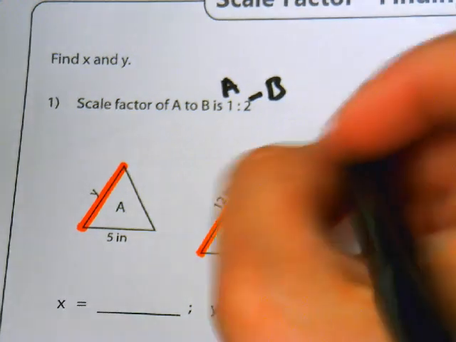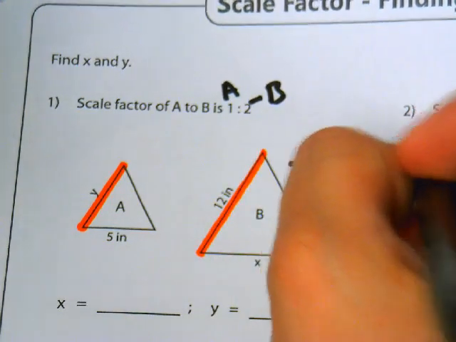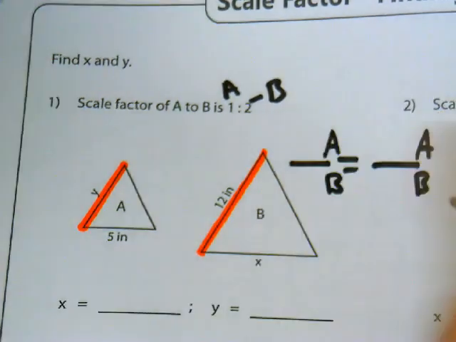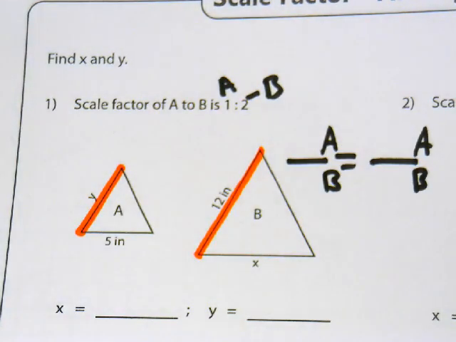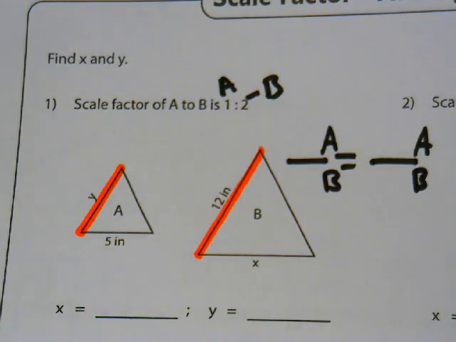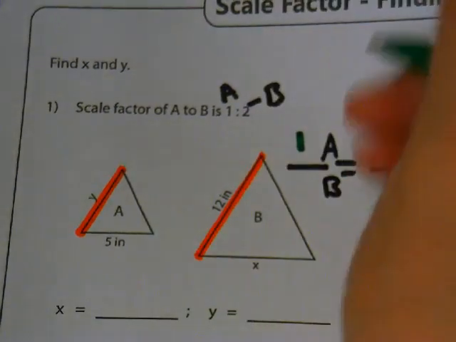Okay, A, B, B. Now, do you guys remember how I told you your first fraction is your first sentence? Well, same thing here. A scale factor of A to B is 1 to 2. So 1 will go on the top and 2 will go on the bottom. So 1 over 2.